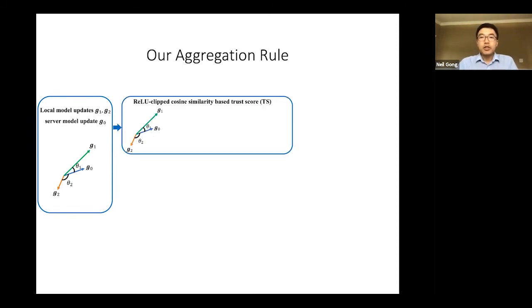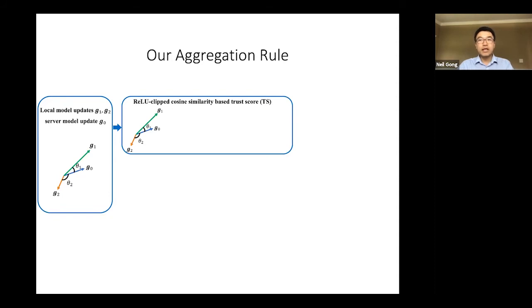Based on this intuition, for each client, we compute a cosine similarity between the client local model update and the server model update. And we use ReLU to clip the cosine similarity as a client trust score.